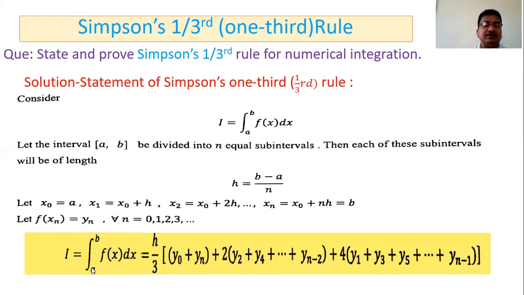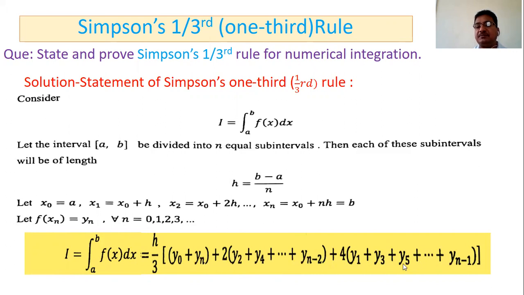Then the integral from a to b of f(x) dx, call it I, is equal to h by 3 times [(y0 plus yn), that is the first value of y plus the last value, plus 2 times (y2 plus y4 plus ... plus yn minus 2), the even suffix y, since 2, 4, n minus 2 are even numbers, plus 4 times (y1 plus y3 plus y5 plus ... plus yn minus 1)], that is the addition of the odd suffix y.